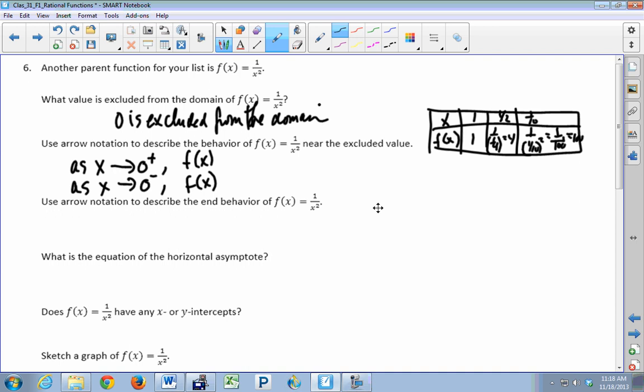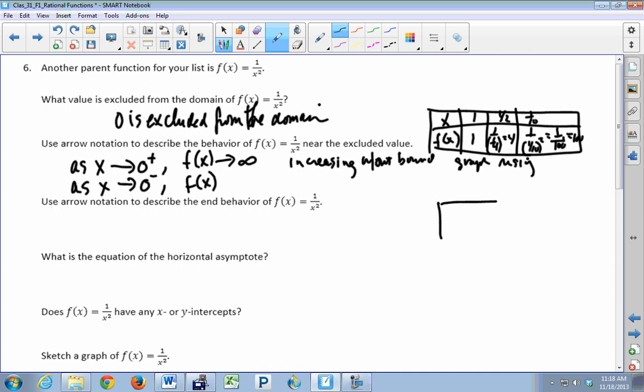So as you can see, as we're getting really close to 0 from the right, what's happening to our y values? What are they approaching? Infinity. They're increasing without bound. The graph is rising very quickly, much quicker actually than 1 over x.